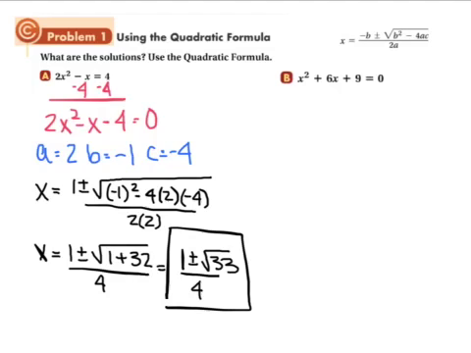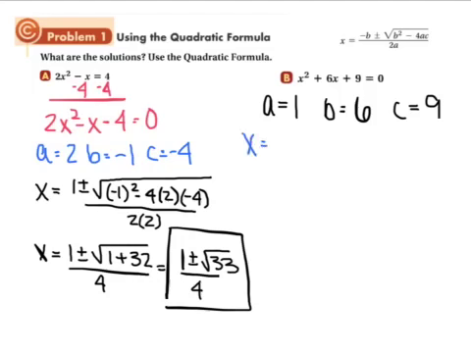For problem B, we're already in standard form. So what I want you to do is identify your A, B, and C values. Who can do that for me? Jess. And then you're just going to fill them into your formula.